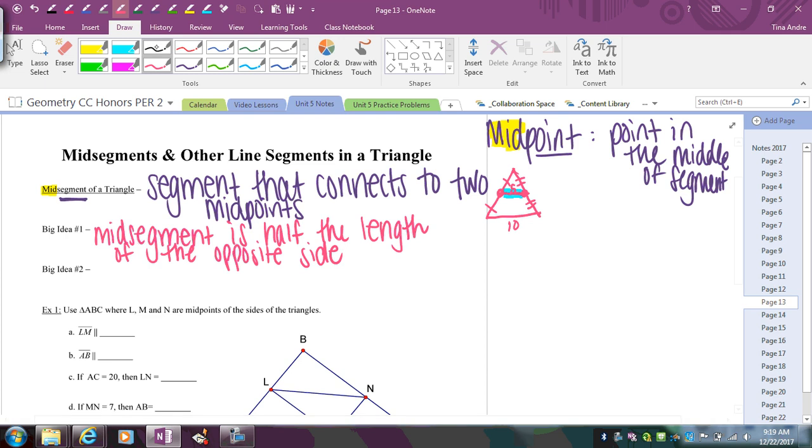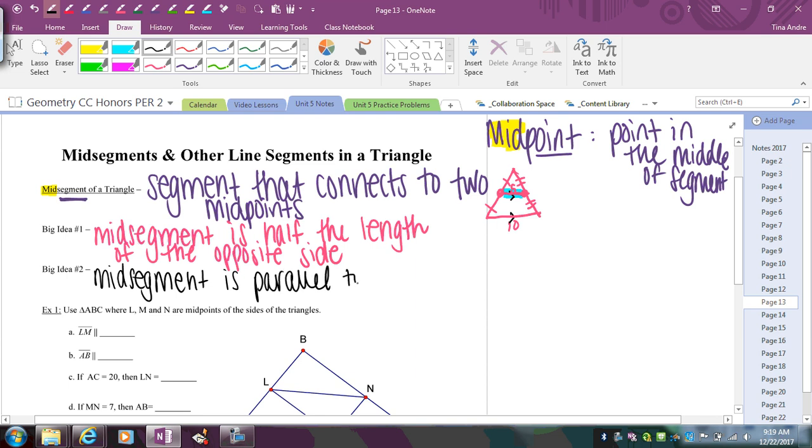And then the other big idea is that the mid-segment is always going to be parallel to that opposite side. So the mid-segment is parallel to the opposite side.